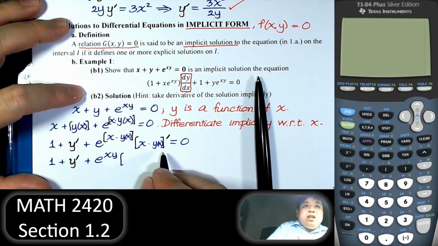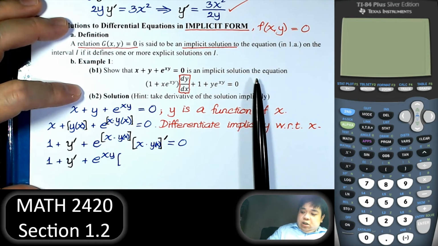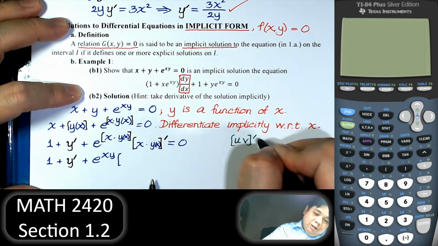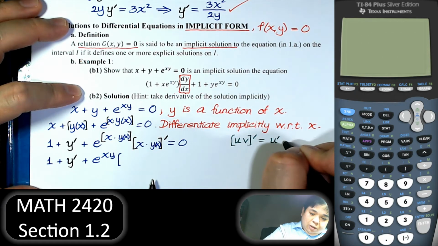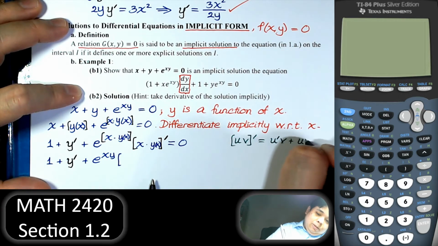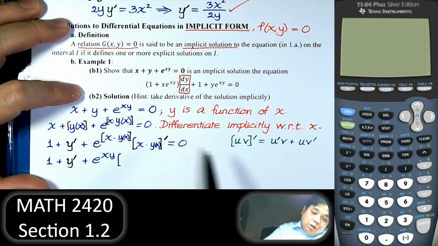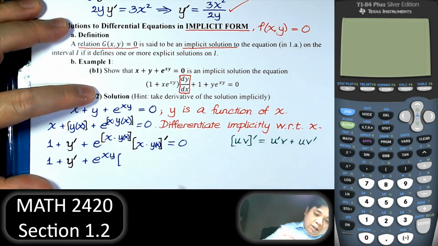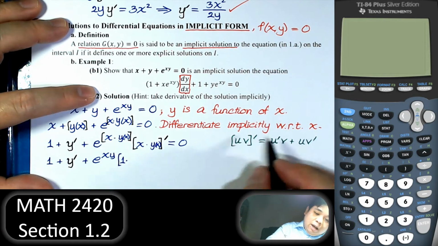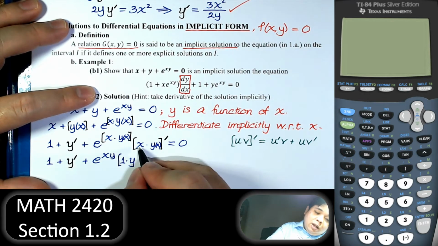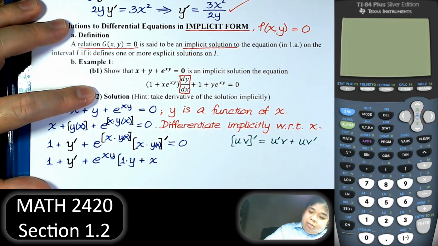What next is, this is a product rule, right? x times y. So the product rule: in this case, essentially u is x and v is y. So u prime times v plus u times v prime.